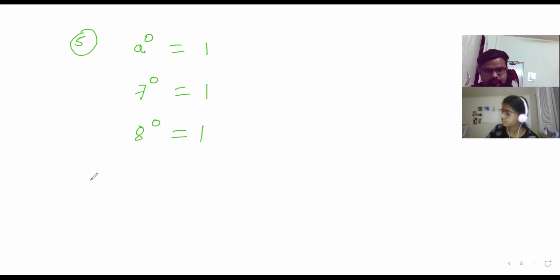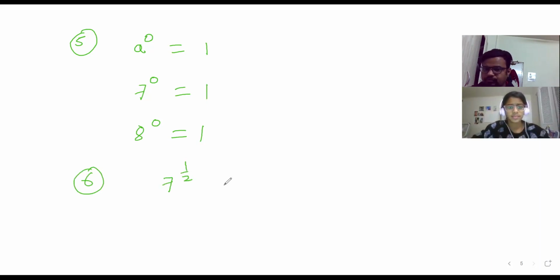Written. And the next law is that suppose 7 raised to 1 by 2 is there. Raised to 1 by 2 means square root of 7. Or suppose 4 raised to 1 by 2 is there, that means square root of 4.